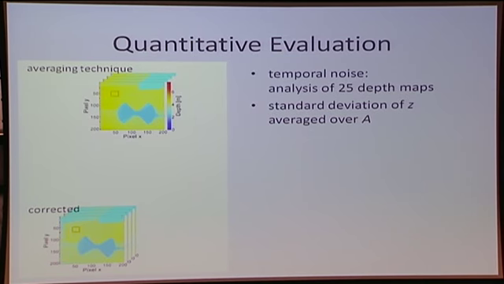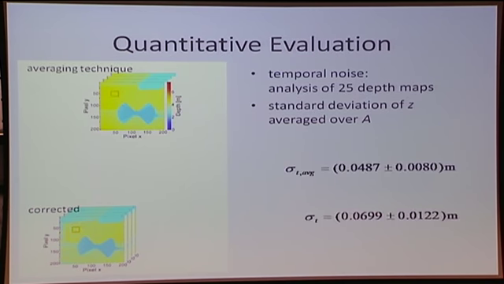We also analyzed the temporal noise by analyzing a stack of 25 consecutive depth maps. This one generated using the conventional averaging technique compared to 1 depth map generated using our technique. This error was just a standard deviation of the depth measurement of single pixels, and this was averaged over the whole patch.